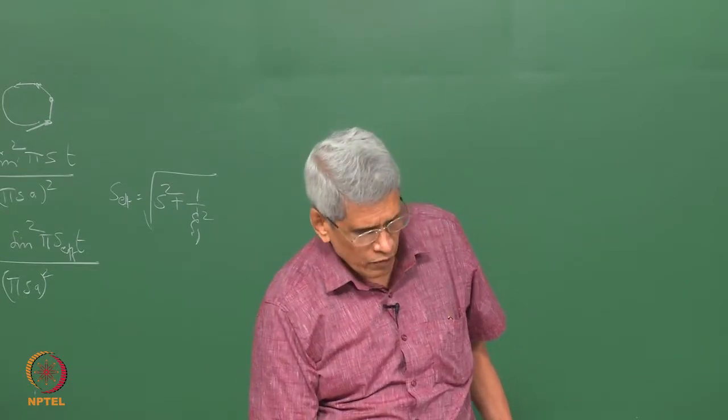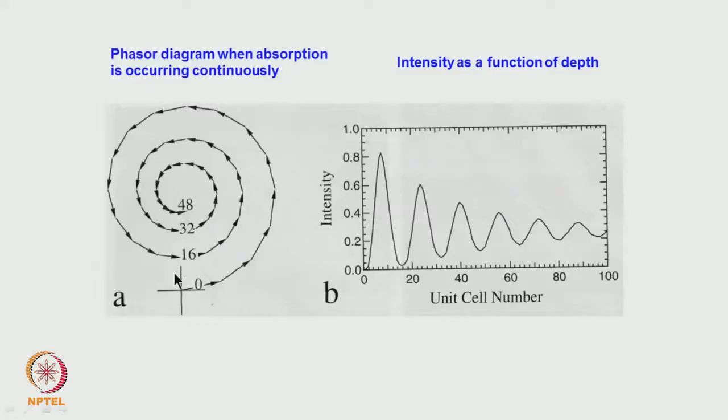If that happens, then in the same phasor diagram, as the beam enters into the sample, gradually the absorption is also going to increase as it passes through the sample, that is, as Z increases. The amplitude will be reducing, but the phase deviation remains the same. So now if we look at the phasor diagram, it will not come back to a circle, it will be like a helix, just spiraling inward.